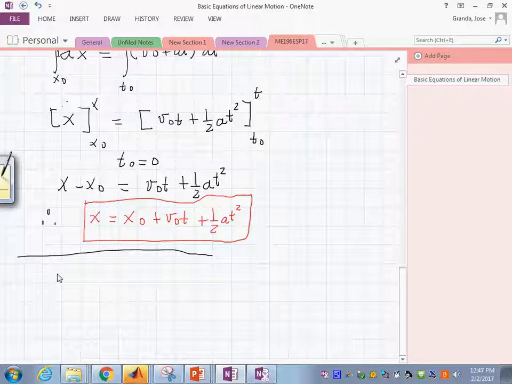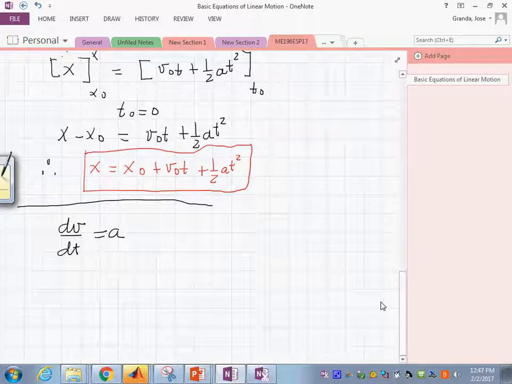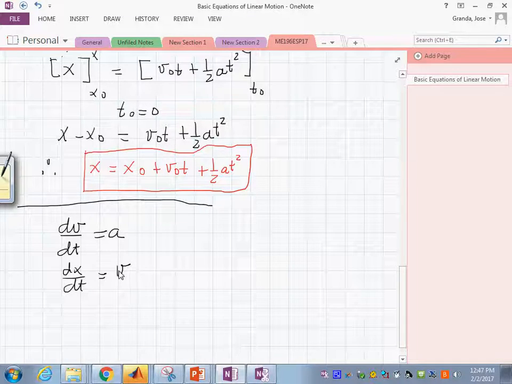Now, the last one that I want is to say that you have dv/dt is equal to the acceleration, right? And we are going to combine the other one as well. We know that dx/dt is equal to the velocity.